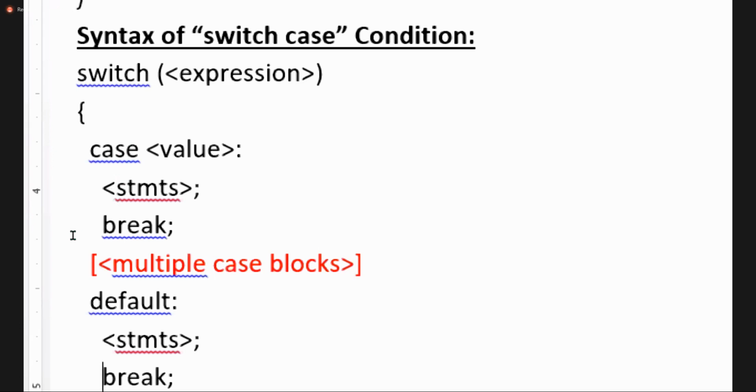If they are matching, the corresponding statements will execute. Did you catch my point or not? First the expression evaluates, you get some result, the result is compared with the value. Wherever it matches, the corresponding statements will execute.